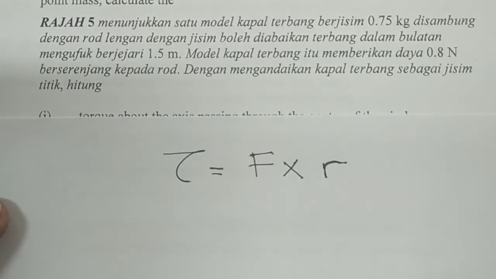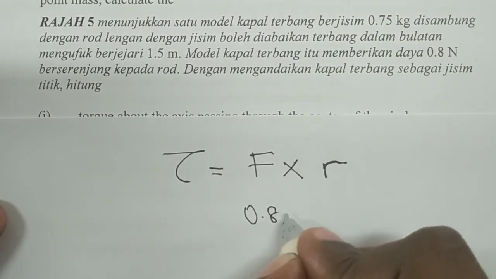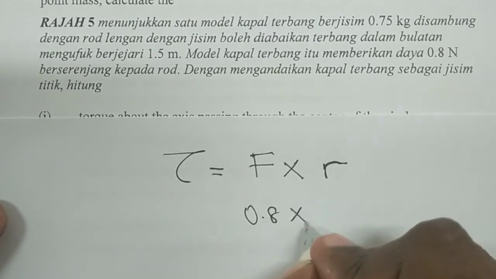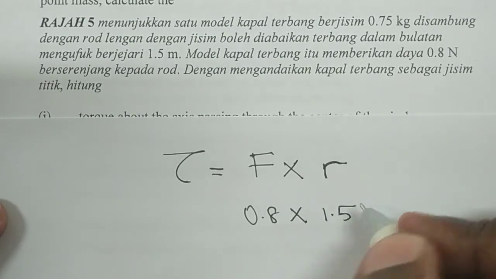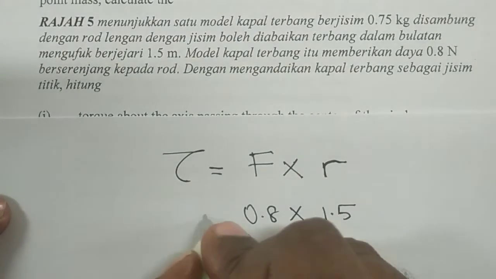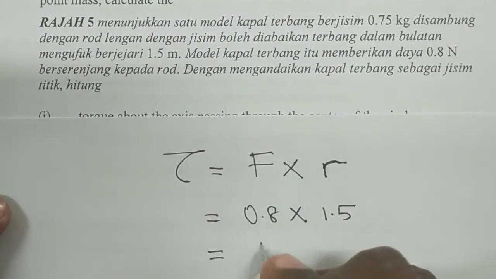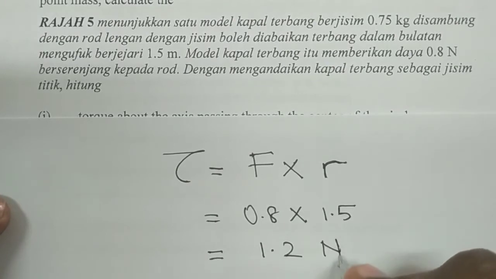So 0.8 Newton times 1.5 meters equals 1.2 Newton meters.